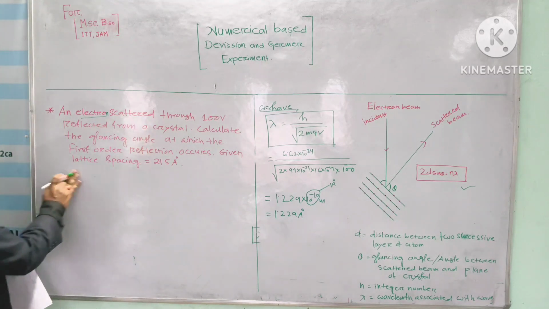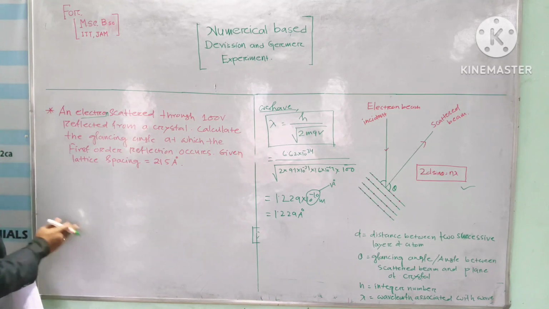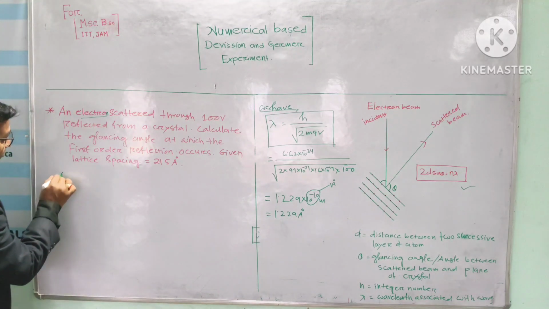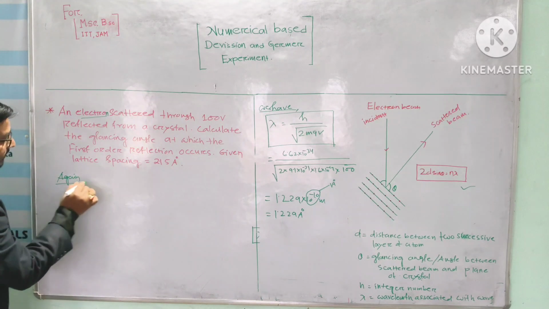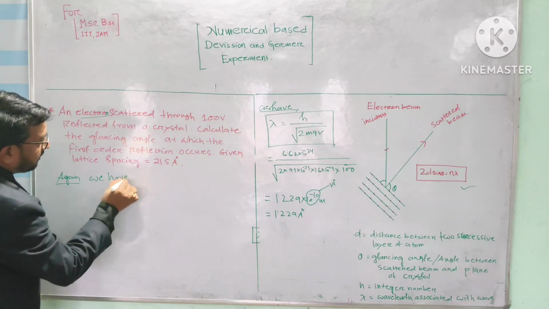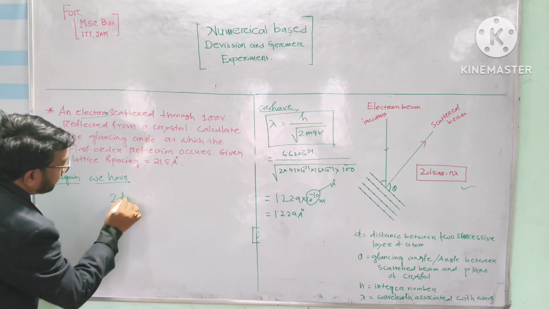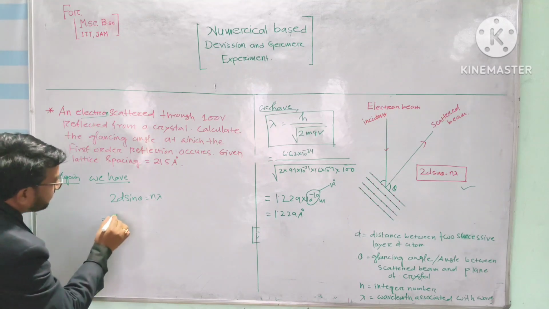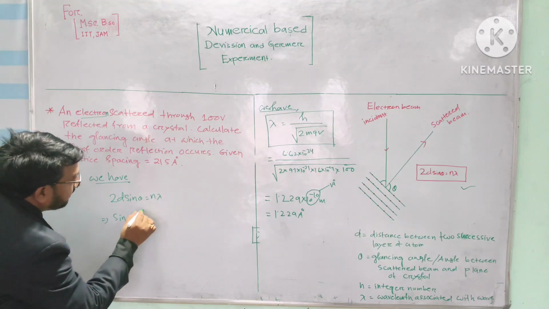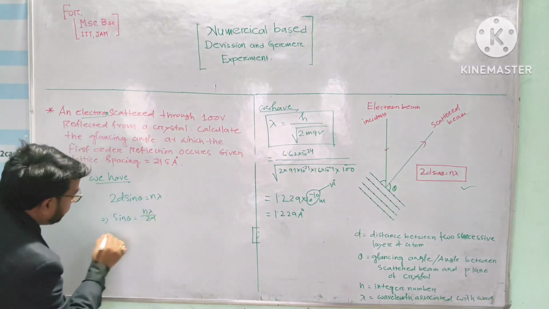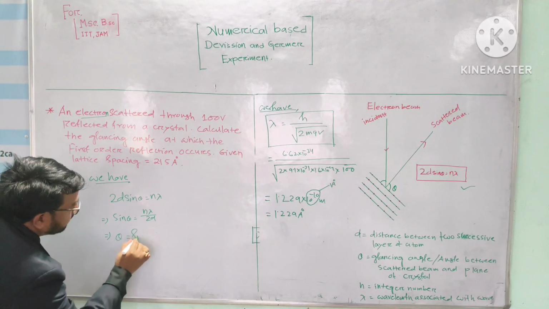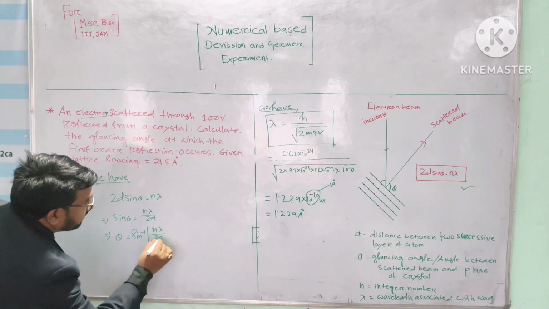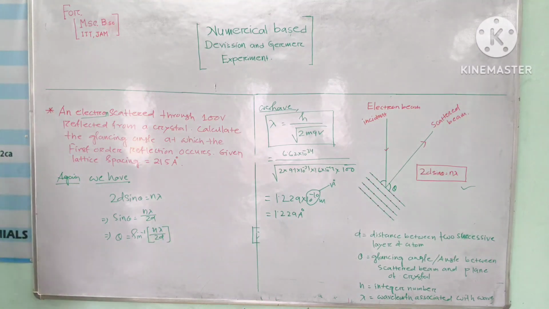Now the glancing angle we can find out with the help of Bragg's equation. So again we have 2d sin theta equals n lambda, and sin theta equals n lambda divided by 2d, and theta equals sin inverse of n lambda divided by 2d.